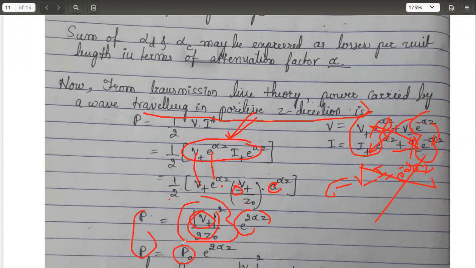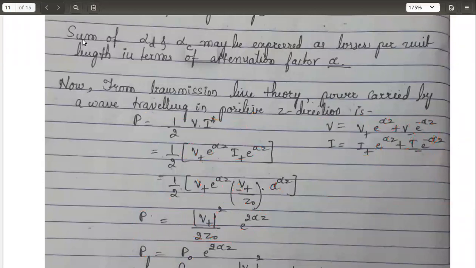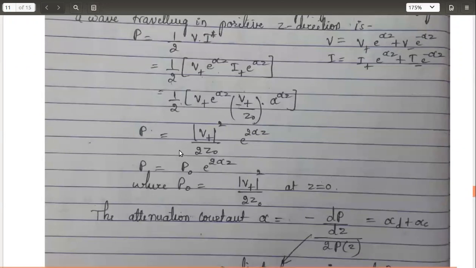I have indicated this as p naught and exponential term. Further, coming to the next simplification, this magnitude I have represented by P naught. It is the value P naught, v plus square divided by 2Z naught at Z is equal to 0. If you take this Z is equal to 0, this e raised to 0 will become 1.